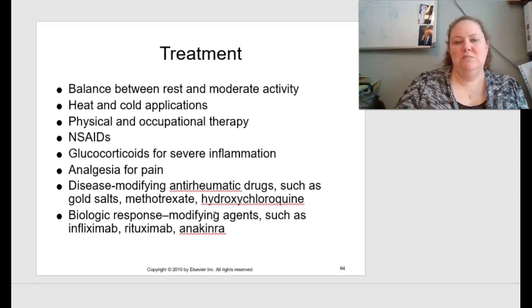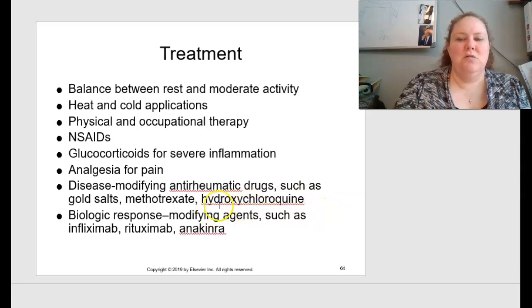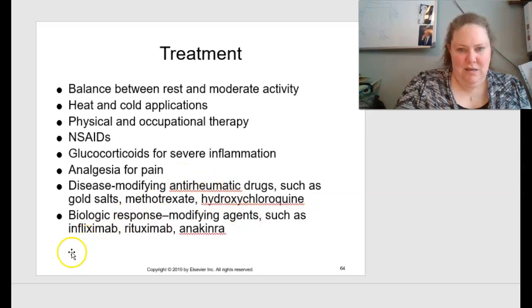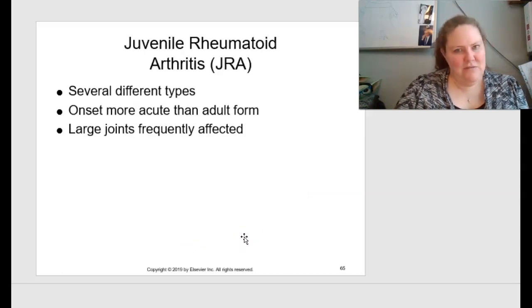We can use disease-modifying anti-rheumatic drugs, such as gold salts, methotrexate, and hydroxychloroquine. We can also use biologic response modifying agents, such as infliximab, rituximab, and anakinra. I just butchered those pronunciations.